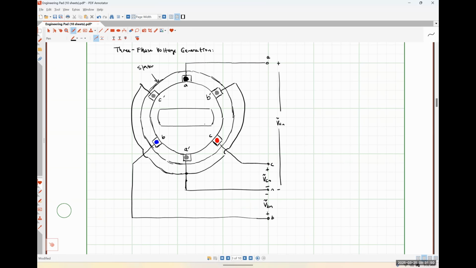So this is going to be my north pole of my bar magnet. This is going to be the south pole of my bar magnet. This dot here in the middle is the point of rotation for this bar magnet. And I'm going to spin this guy at some angular frequency omega.